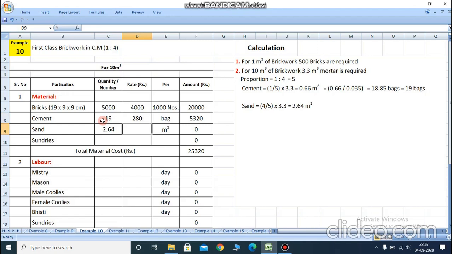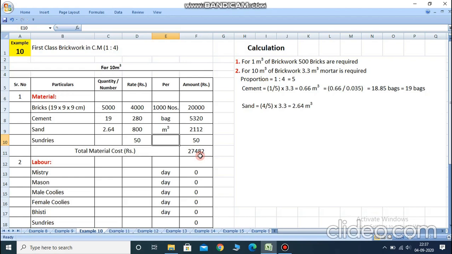Then the sand rate is 800 per meter cube, and we take 50 rupees as an extra cost, sundries. So the total is 20,000, 5,320, 2,112 plus 50 rupees. Summation, we got 27,482 rupees. It's the total amount of material cost for the first class brickwork in cement mortar.